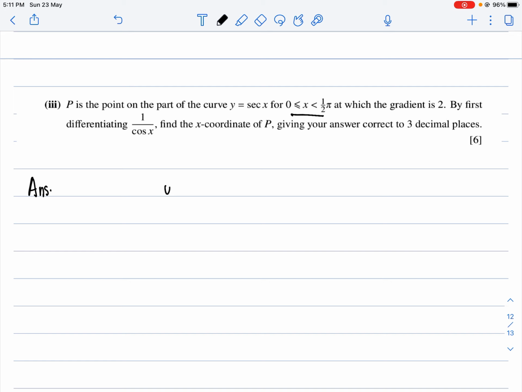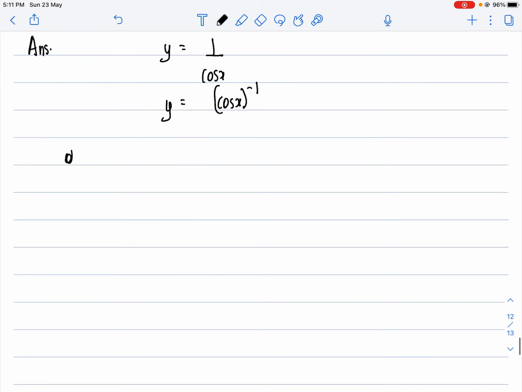So you need to know that y equals 1 over cos x can be written as y equals (cos x) raised to minus 1. So now I need to differentiate this, dy by dx, for which I can use the chain rule. First I'll take the outer bracket, so I take minus 1. I can write this as minus 1 into cos x to the power of minus 1 minus 1, multiplied by the differentiation of the inner bracket.